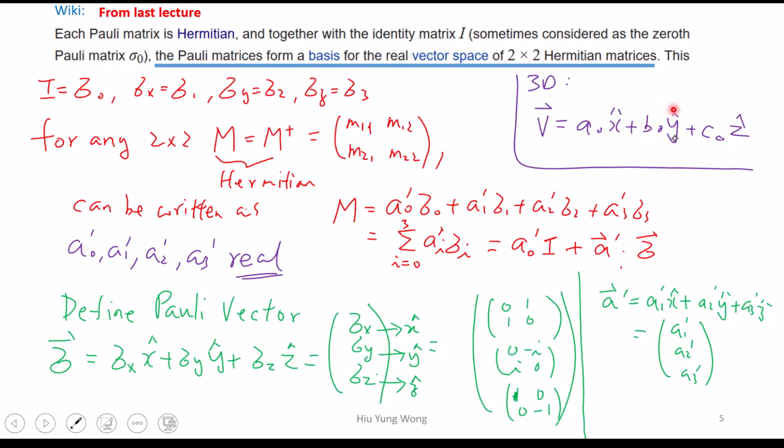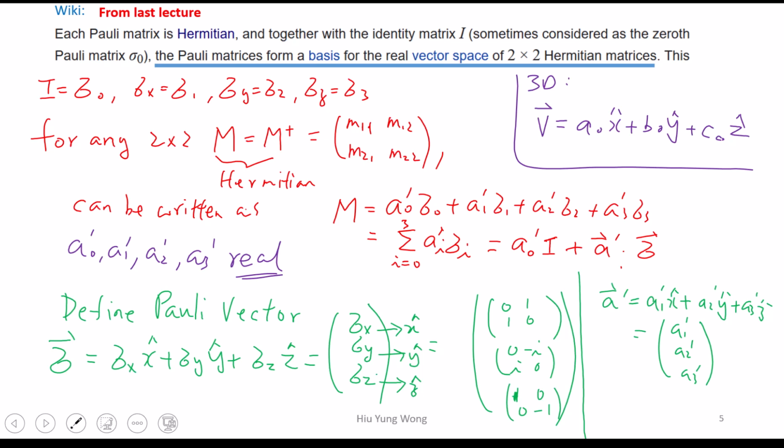So any vector in this room can be represented as a linear combination of x hat, y hat, z hat. This is the space we live in. We are very familiar with this. So please accept the fact that maybe there's another space. Of course, this is an abstract space. Any 2 by 2 matrix is a vector now in this sense, but it's not a vector in a column. It's a matrix. It's a vector in the abstract sense.